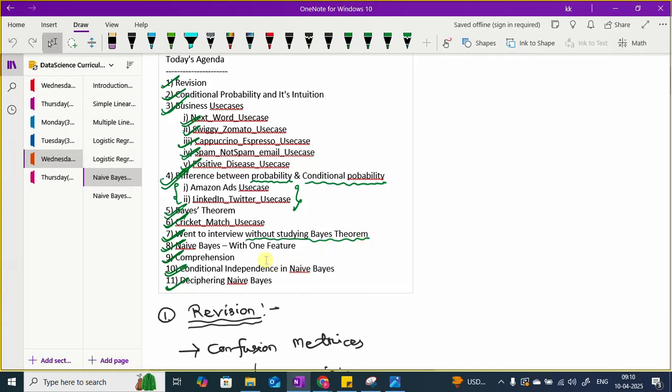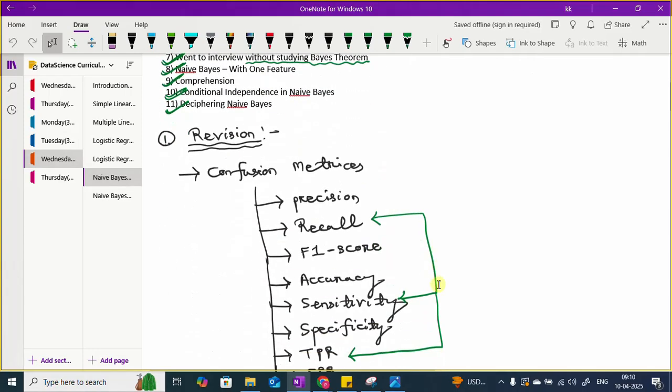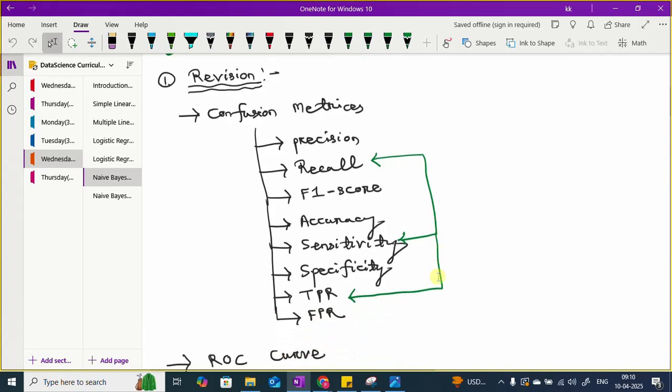Okay, Naive Bayes with one feature, two features, and multiple features, conditional independence in Naive Bayes, and so on. Obviously, we have discussed as part of your previous classes the confusion matrix and different parameters like precision, recall, F1 score, accuracy, sensitivity, specificity, TPR, FPR.